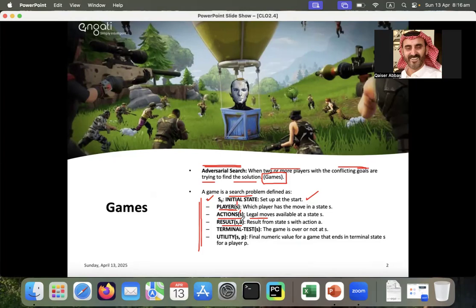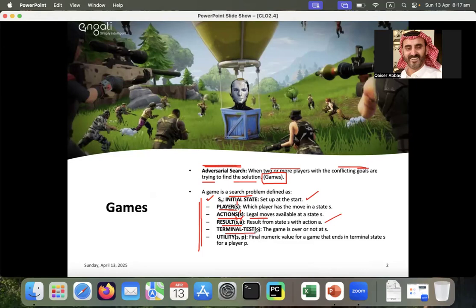When some player is playing at state S and performs some action A, where do you reach after performing this action? When you perform action A on state S, you will reach the next state. So Result is the state reached from S with action A.